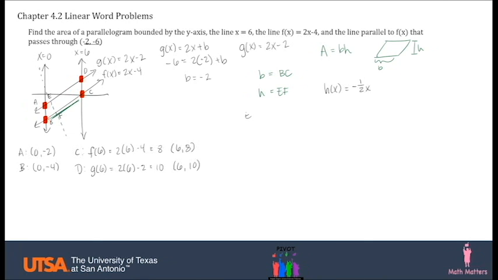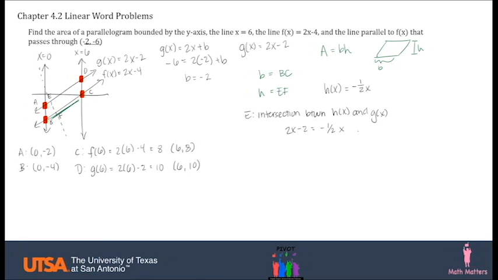So we want to find E first, and this is going to be the intersection between h of x, which is our perpendicular line, and g of x. So basically, we're just going to set h of x equal to g of x and find what x coordinate E lies on. So we have 2x minus 2 equals -1/2 x.